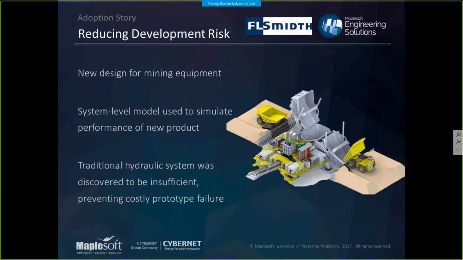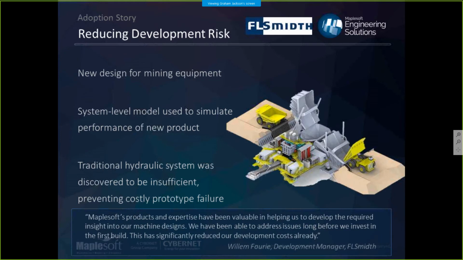And although perhaps they would have found that down the line, we were able to find that problem with them just at the concept level during this modeling process. And then they were able to find something that worked. Essentially what they were able to do was mitigate the risk of having a huge costly mistake down the road and find that out early on. The development manager at FL Schmidt was very happy with this, and they've continued to use the software.